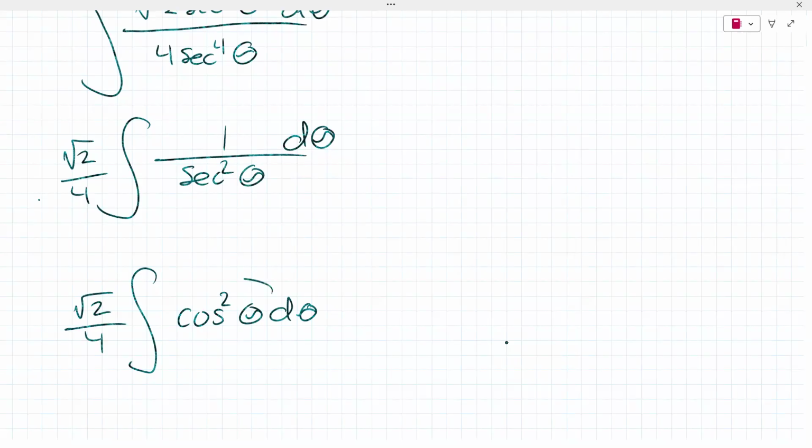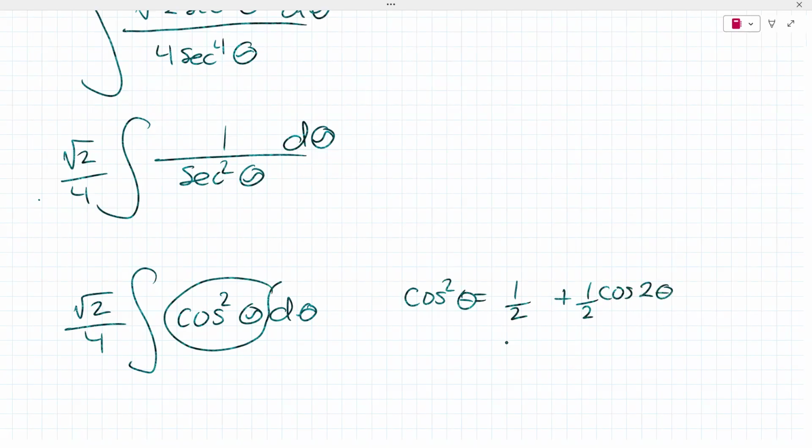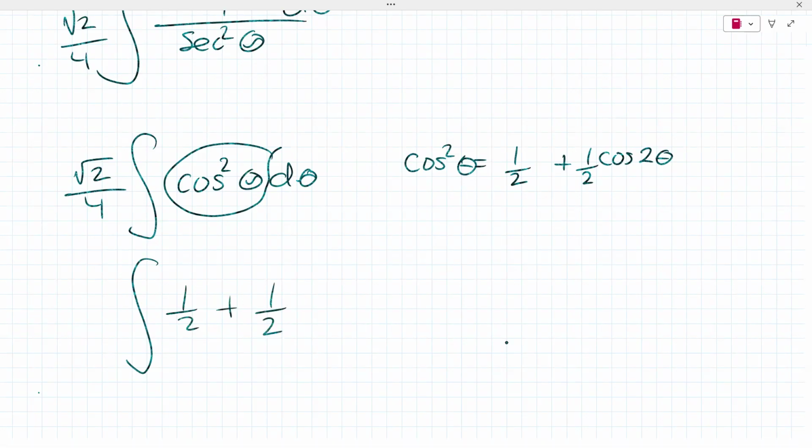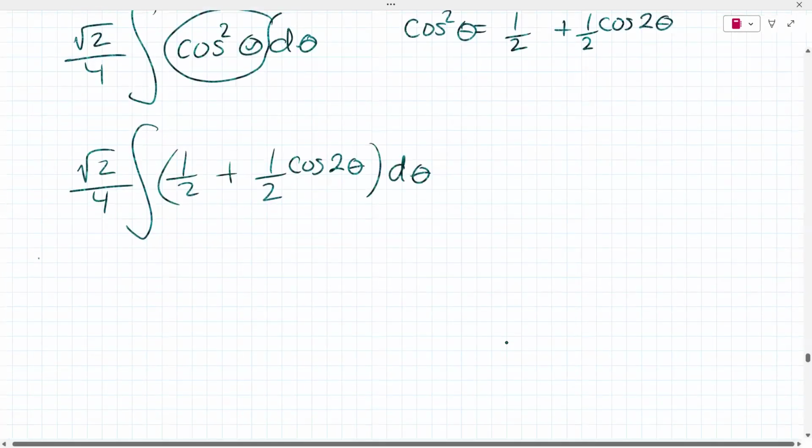And what else do we know? This is an identity we know. We know that cosine squared theta is the same thing as 1/2 plus 1/2 cosine of 2 theta. So that's what we're going to do. We're going to replace that with 1/2 plus 1/2 cosine of 2 theta d theta. And then just take the integral of each term.